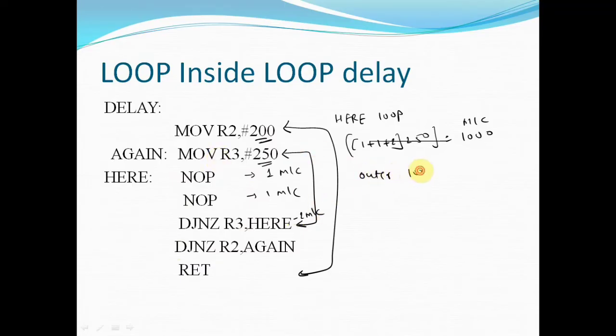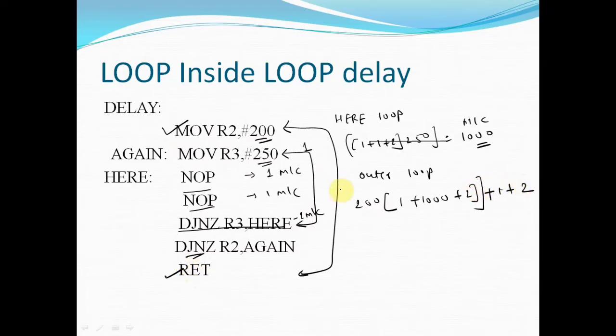In this case, 200 into (1 for MOV R3, plus 1000 machine cycles for NOP, NOP and DJNZ, plus 2 machine cycles for this DJNZ). And I will add the MOV and the return: one machine cycle for the MOV and 2 machine cycles for the return.